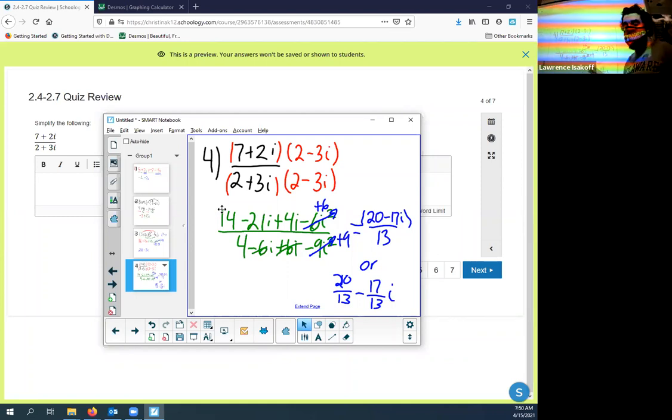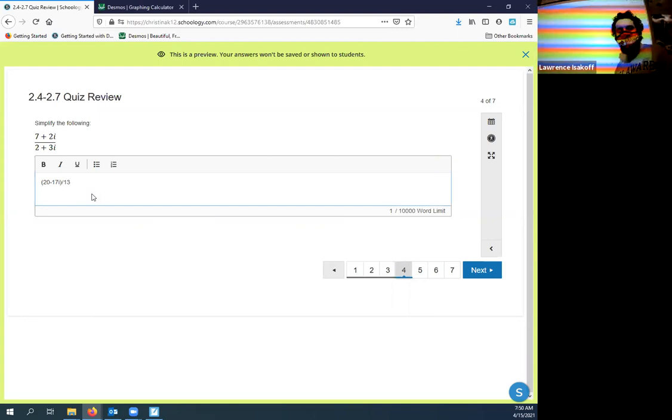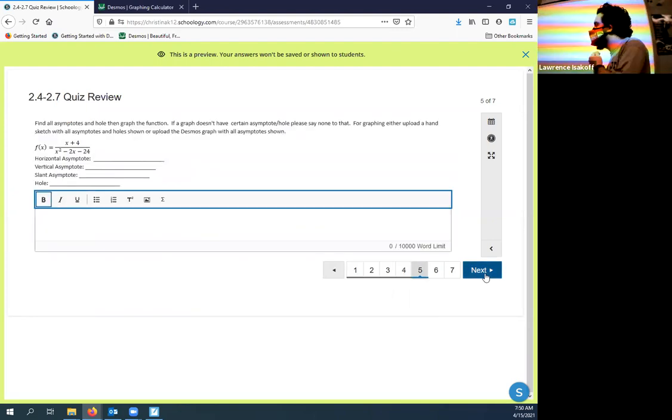When we had exit tickets on this, I saw close to a 50-50 split. I like writing it as one fraction, so that was 20 minus 17i, all in the numerator, divided by 13. You like writing it as two fractions? It really doesn't matter. Okay.